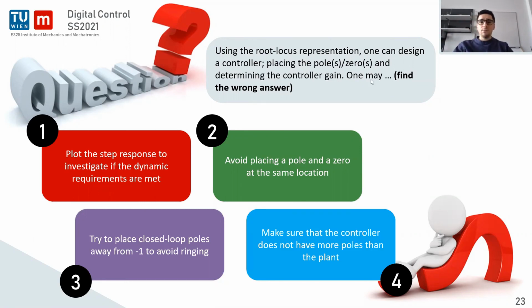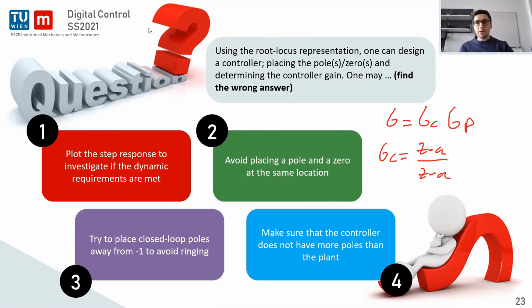The idea behind this, avoid placing a pole and a zero at the same location, is that if you look at your controller, let's say that my system is controller times the plant. If I design the controller to be (z minus a) over (z minus a), then I'm just complexifying the controller.